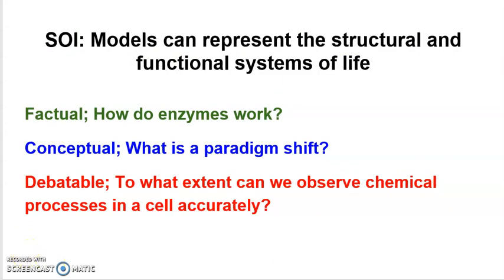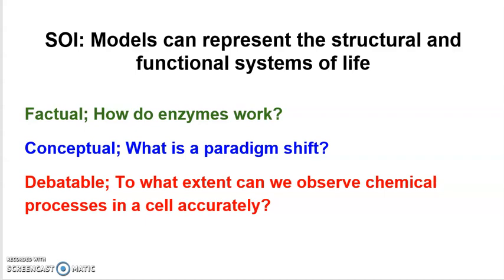These are the questions that we need to be thinking about now, and we come back to at the end of this unit and just check in. But the factual question is, how do enzymes work? And we're going to look at how models allow us to understand this. The conceptual question is what is a paradigm shift in the sense of an enzyme? And a paradigm shift is a change of approach or a change in a way of thinking.